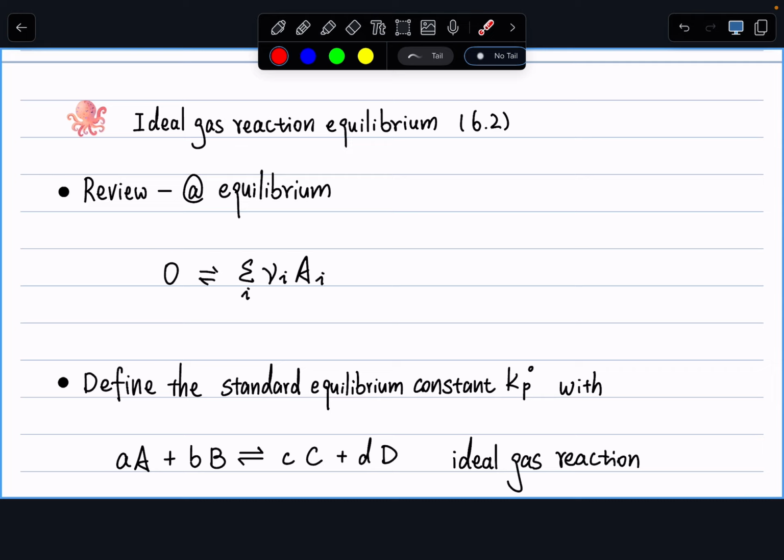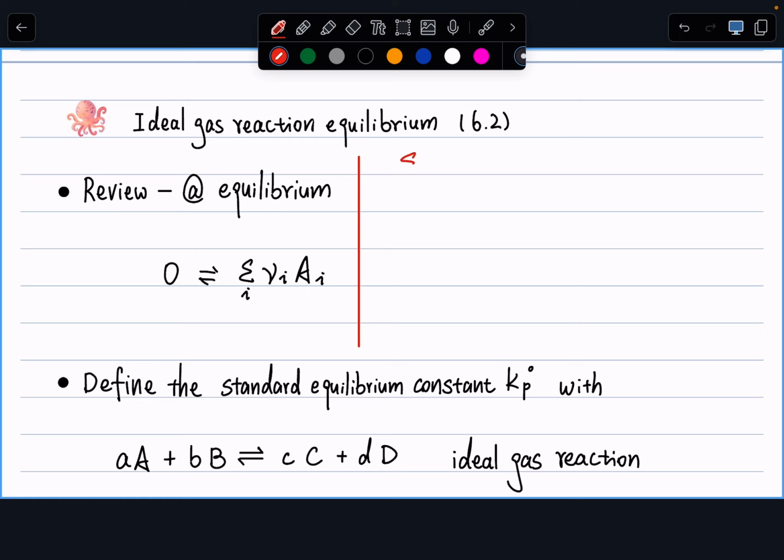So before we define the equilibrium constant, I want to quickly refresh your memory on what we know about reaction equilibrium. So in a typical reaction, you have zero in equilibrium, the sum of your stoichiometric coefficient times your species. Now in here, what do we know about reaction equilibrium?